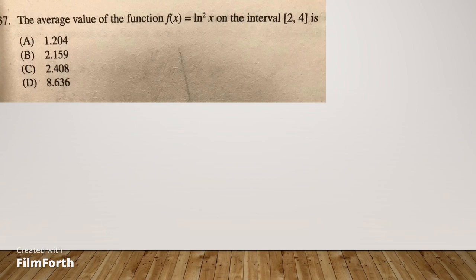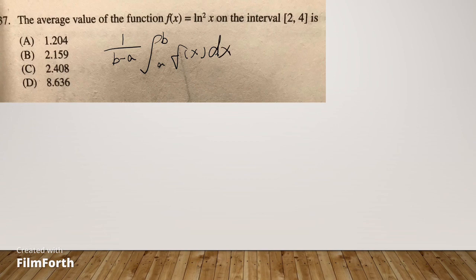Next question. The average value of the function f of x equals ln squared x on the interval 2 to 4 is. This problem requires us to be familiar with the mean value theorem for integrals, which is, the formula is 1 over b minus a, integral from a to b, f of x dx.